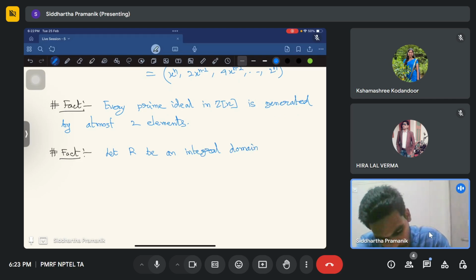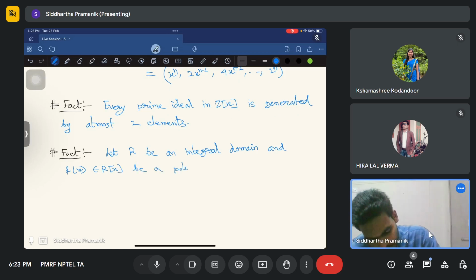Okay, and let's say f(x) belongs to this polynomial ring R[x], be a polynomial of degree, let's say n, which is positive.